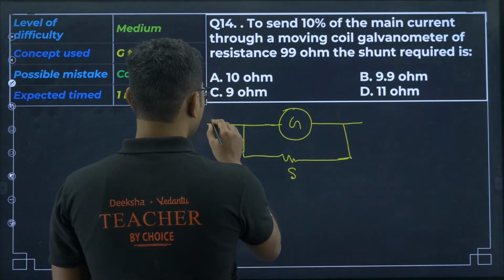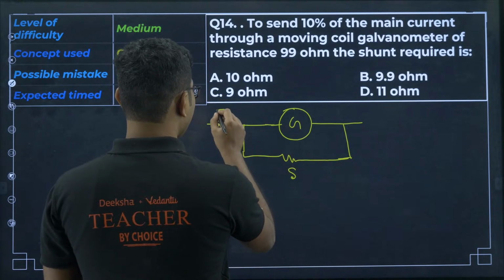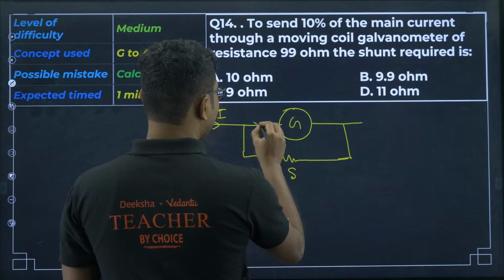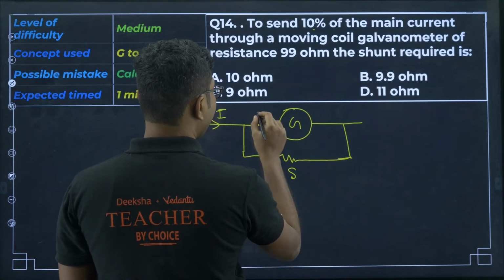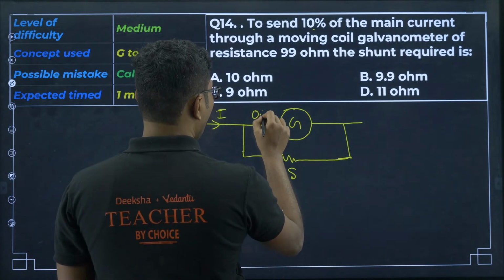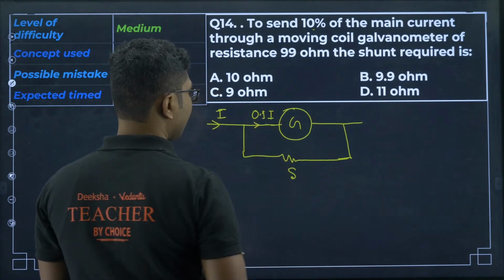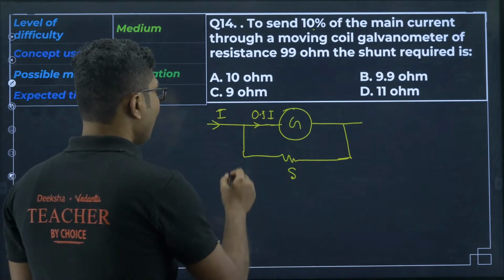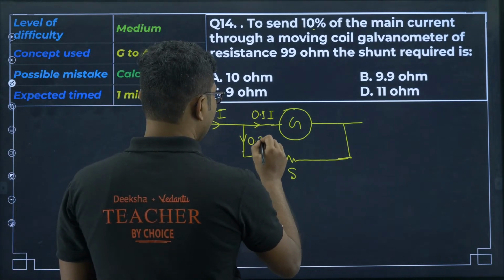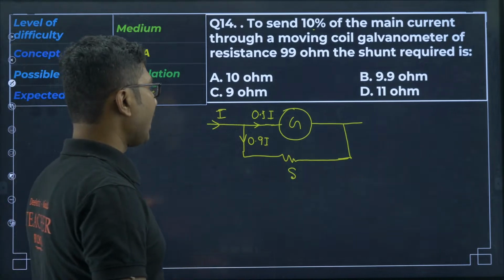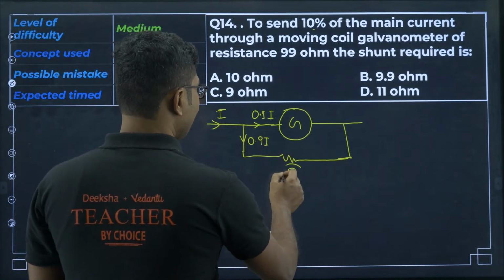Shunt resistance S, suppose this is the current that is coming in, and only 10% of it is passing through the galvanometer. That means 0.1 I is passing through the galvanometer, and the rest 0.9 I is passing through the shunt resistance. So you have to calculate the value of this shunt resistance.